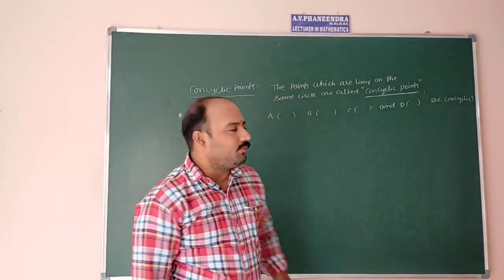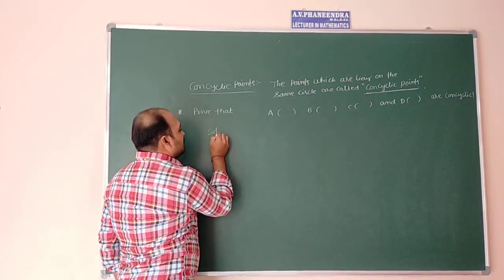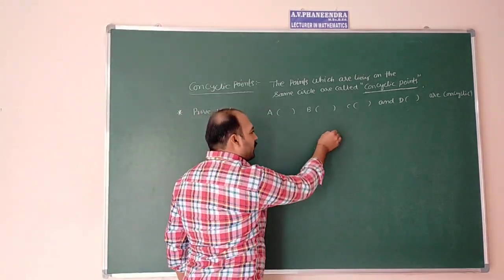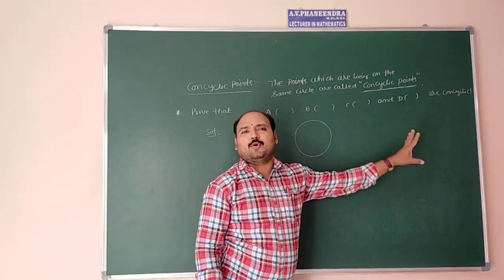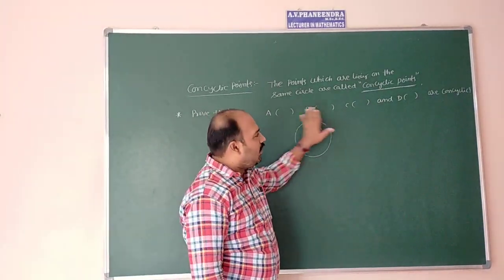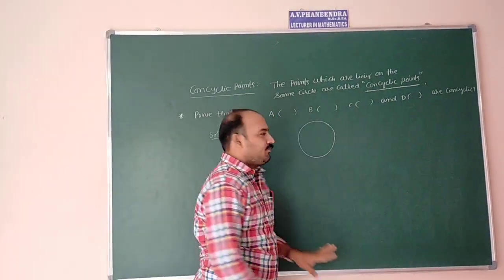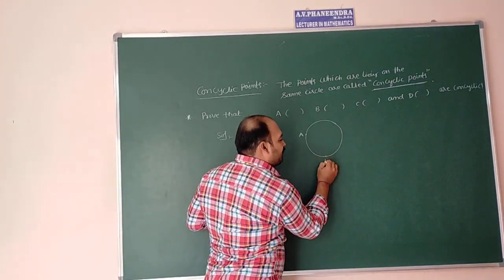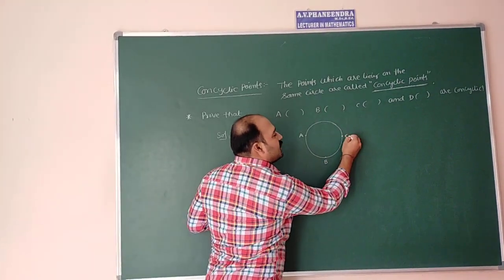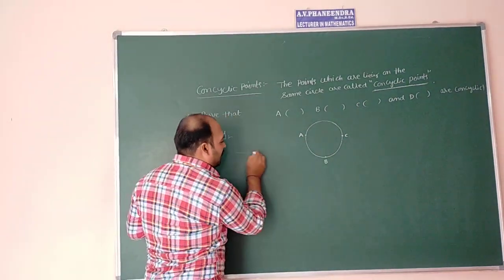First what we have to do, among these 4 points, find the equation of circle passing through any 3 points. Any 3 points, that is your choice. So first the equation of circle passing through A point, B point and C point. You calculate one equation of circle.